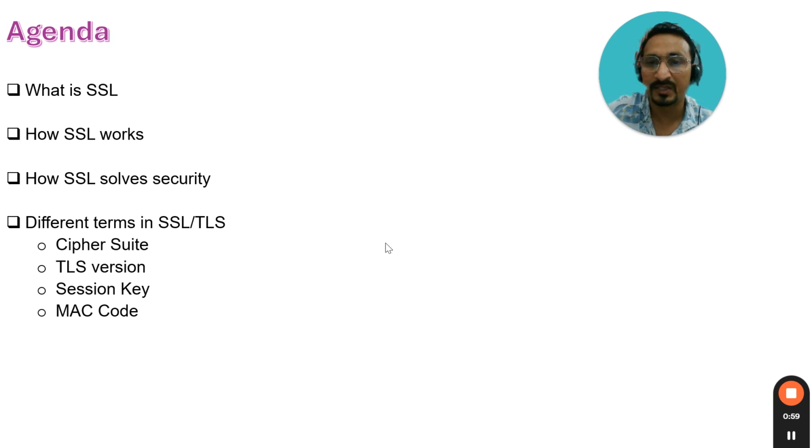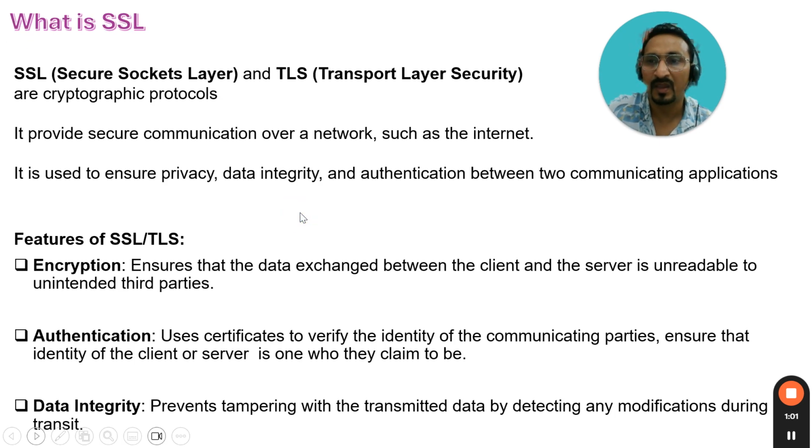So let's understand what is SSL. SSL is nothing but Secure Socket Layer, and its higher version is called TLS, that is Transport Layer Security. This is basically a cryptographic protocol, and it provides secure communication over the internet.